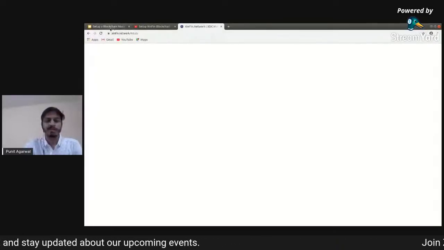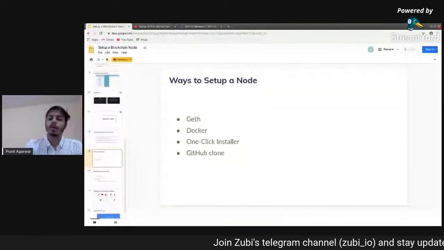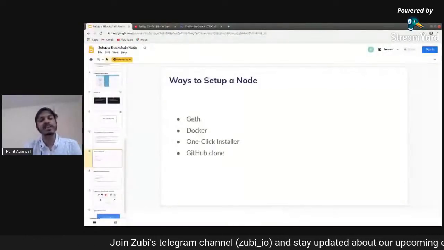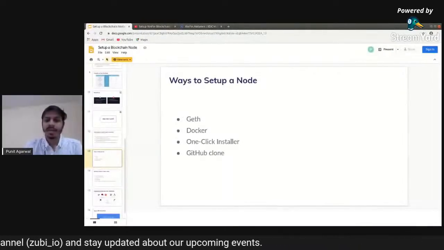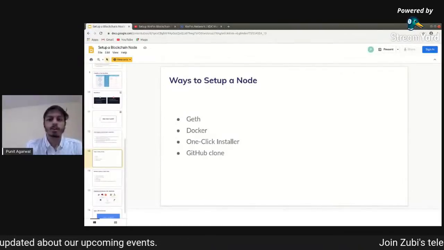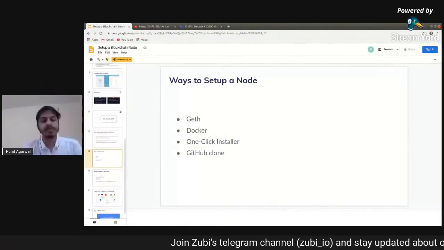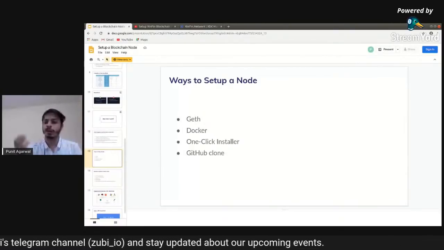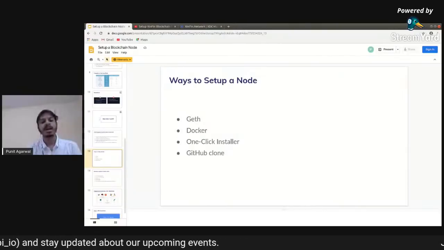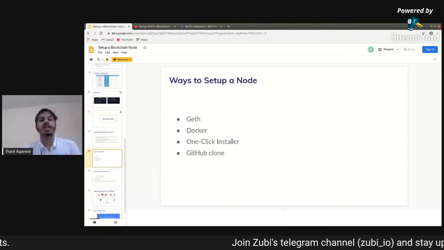So what are the different ways to set up a node? I can either set up a node using Geth, which is a command line interface to connect to any blockchain. I can also use Docker, where Docker images are set up, and you can download that image on your machine and set up the network. Another way is a one-click installer.